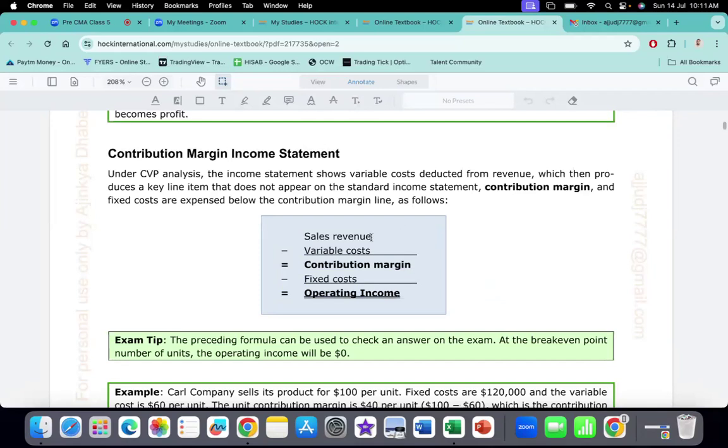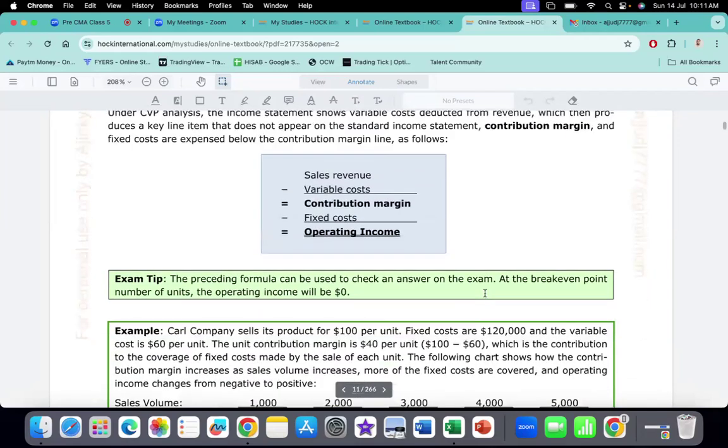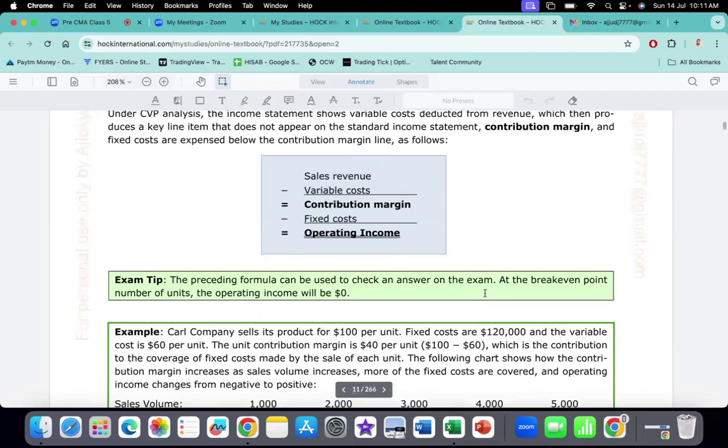So it is sales in units and value, variable costs in units and value, which gives you contribution margin, fixed cost, and operating income. There's a tip as well, which says the preceding formula can be used to check an answer on the exam. At the break-even point, number of units, the operating income will be 0.